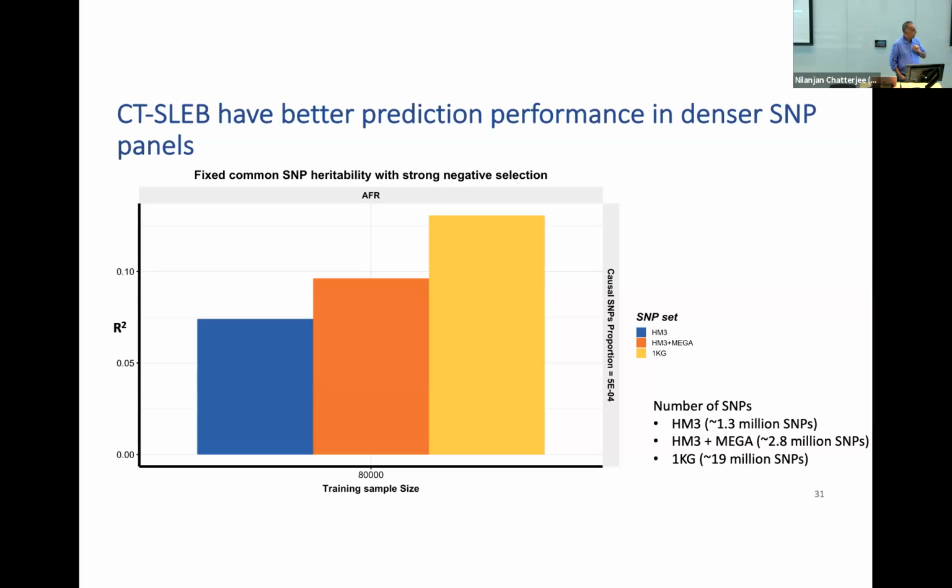This is a particular chip, and that is a total of about 2.8 million SNPs. And then the final one is all the SNPs that are observed in 1000 Genomes, which is about 19 million SNPs. So you can see that as long as your training data set is large enough, you actually keep getting an increase in performance with larger SNP content.